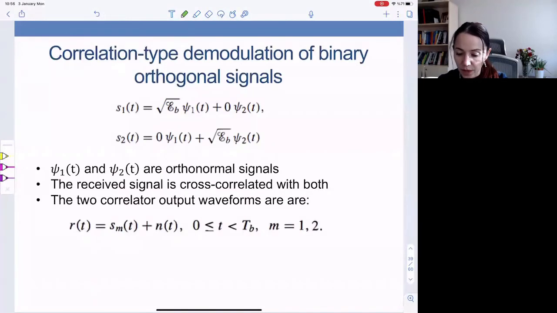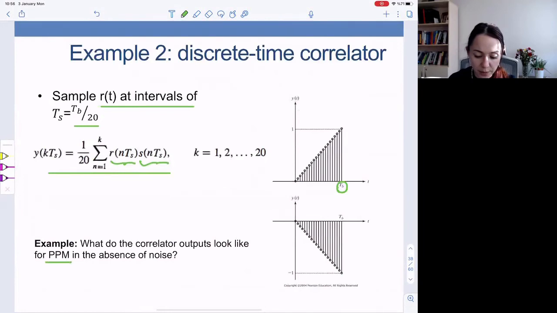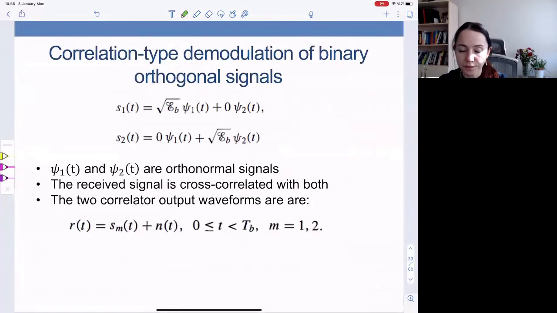Now, how about for orthogonal signals? For example, PPM, pulse position modulation, if we passed it through a correlator. Now, first of all, notice that in the orthogonal signaling case, we have not only one, but two basis functions. And these basis functions are orthonormal.